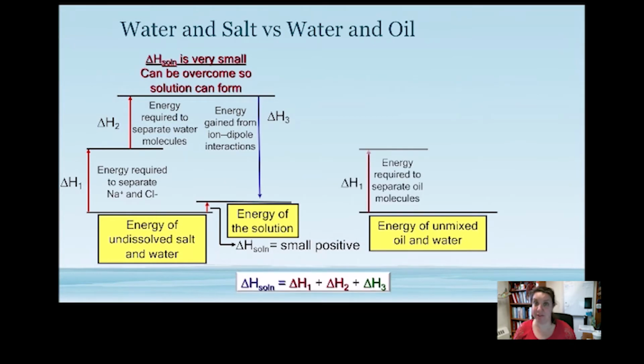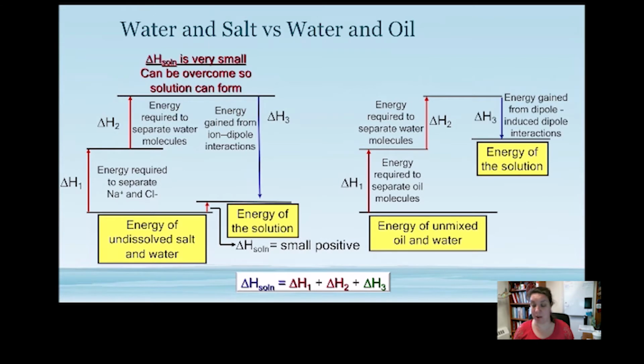Now let's think about how this differs between oil and water. First, we're going to separate our oil molecules. This is going to be breaking London dispersion forces. Then we're going to separate our water molecules, breaking hydrogen bonds, and then we're going to make dipole-induced dipole interactions. And this is not very energetically favorable.